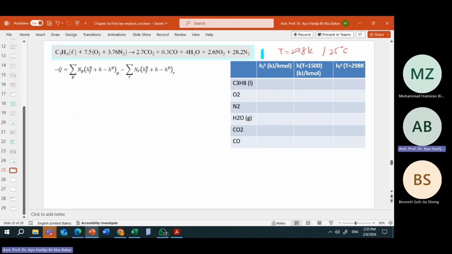So first thing, list out the component. List out the component first. Your feed, your reactant. This one, the fuel, propane liquid, air, product. O2 in your product as well. Then each of the component find out their heat of formation. This one from table A26.